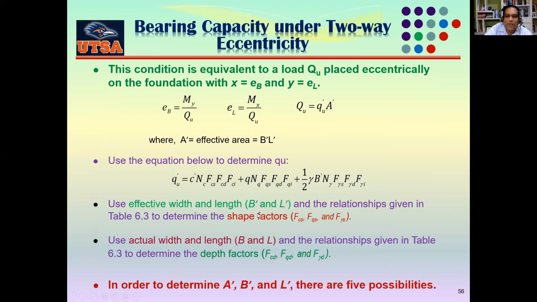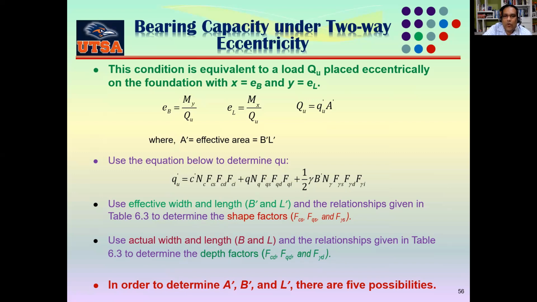When you are trying to find your depth factors, then basically you have to use your actual B and L. Okay, is that clear? This is very, very important. Okay, you have to remember that one.